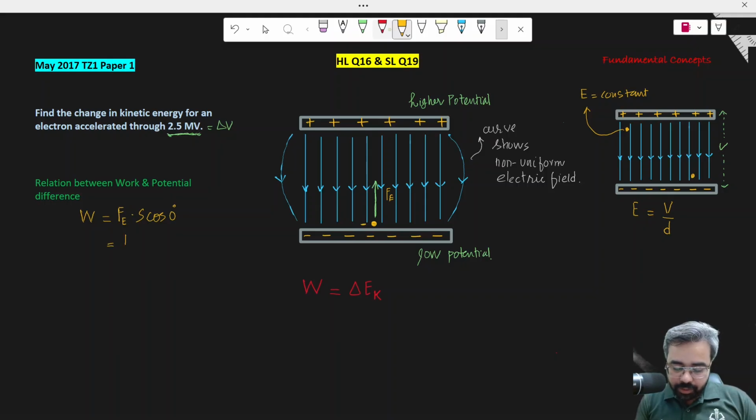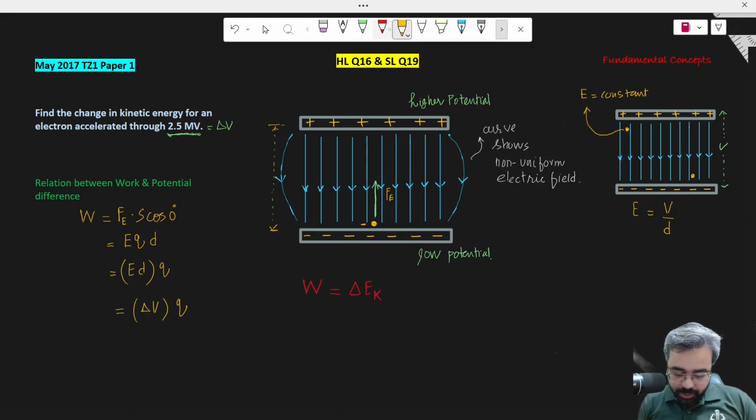So the electric force is EQ, and I'm writing E because E is constant. Q is the charge on the electron, and S is the distance between the plates, because in this specific example I'm assuming that it's going from negative to positive. As I mentioned, it is not necessary. So it is EQD. Now this E times D is equal to the potential difference.